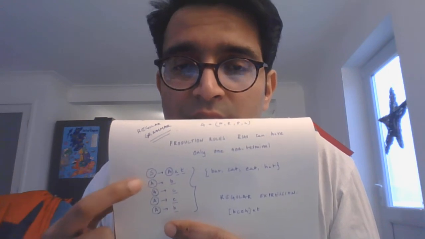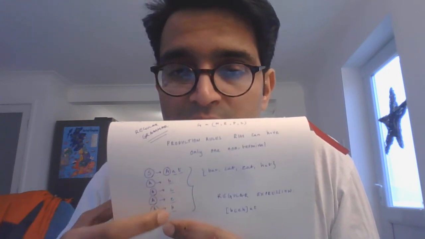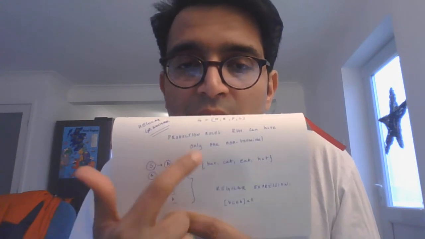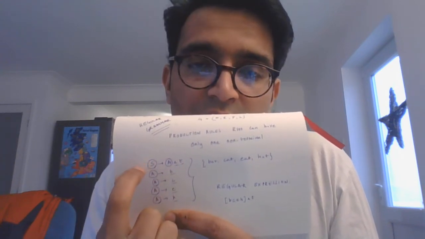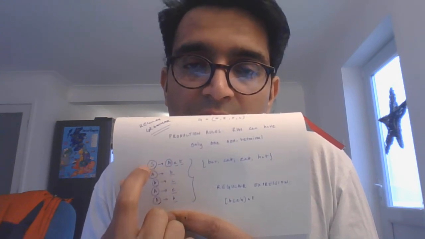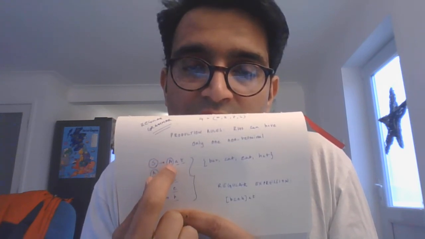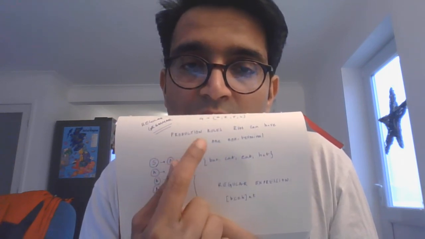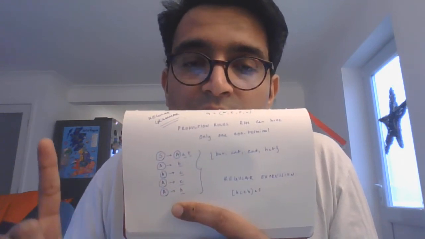So here is a sample regular grammar. This is something we forgot to mention: when you have a production rule, you have a LHS, which is the left hand side, and an RHS. In regular grammars, the RHS can only have one non-terminal.